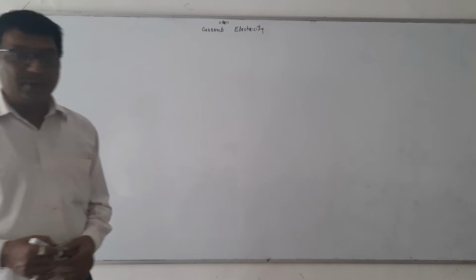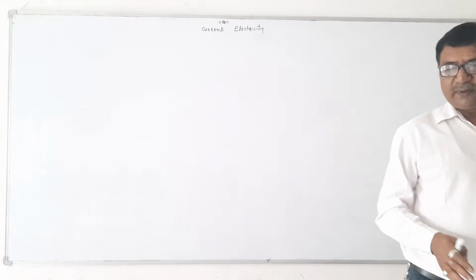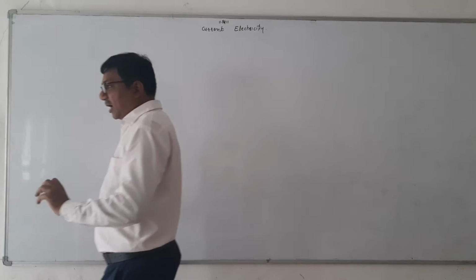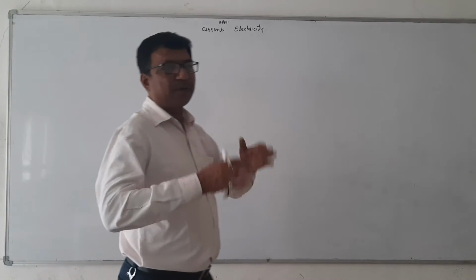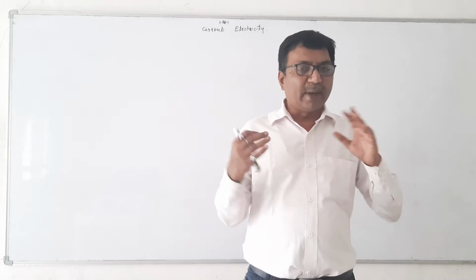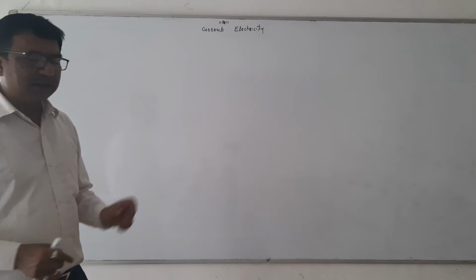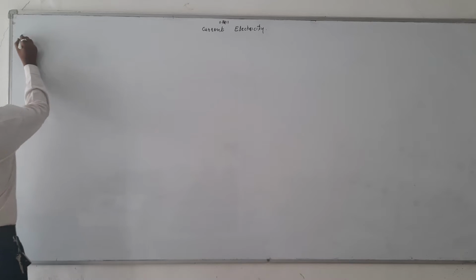Here we have two charges, one positive and another negative. When charge is moving, when charge is flowing, this flow of charge, this movement of charge, creates electric current. This is not a definition, but this is only to understand.